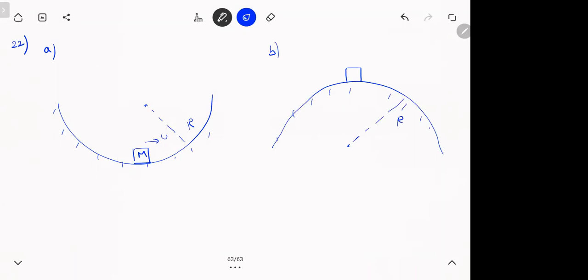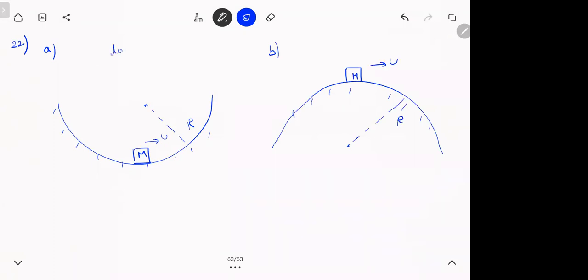We got a valley, a circle of radius r. There is a vehicle going with speed u. It's going up the hill. So it's a convex road, radius r, mass m, and it's going with speed u.